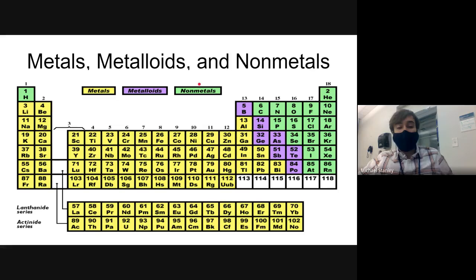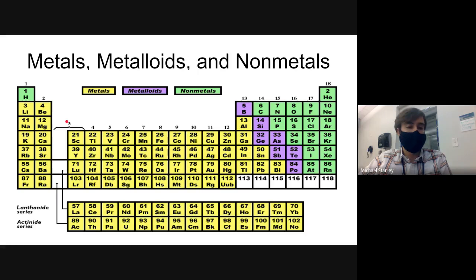We have the nonmetals in green. That's this kind of small group over here on the very far right of the periodic table. And then our metalloids are this kind of funky in-between purple group right here. So they kind of make this little zigzag in between the metals and the nonmetals.